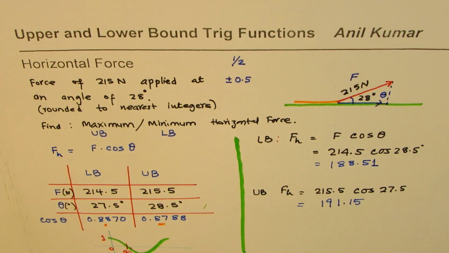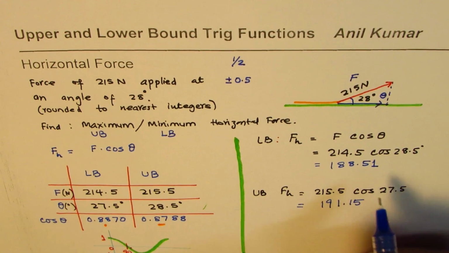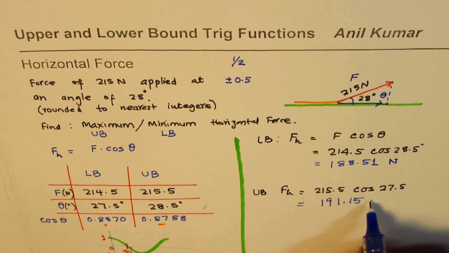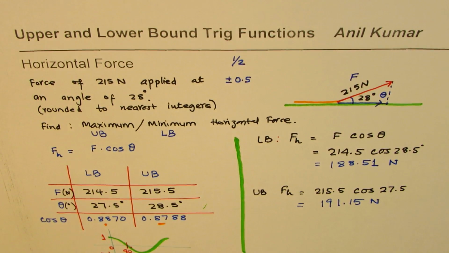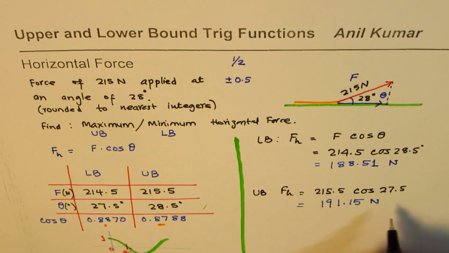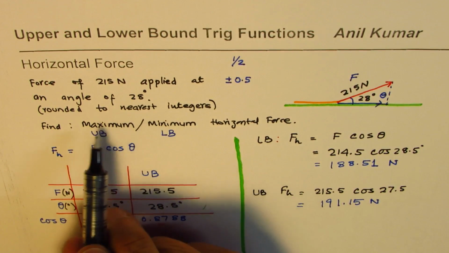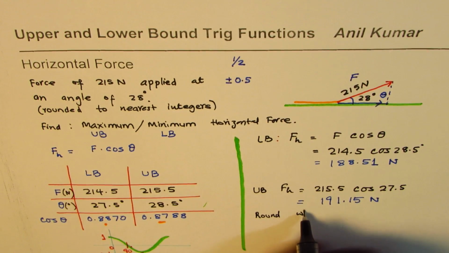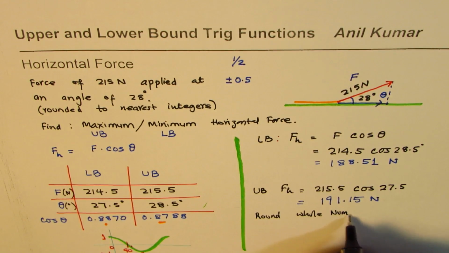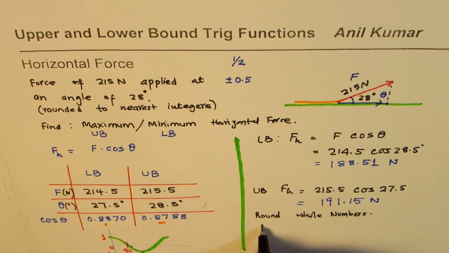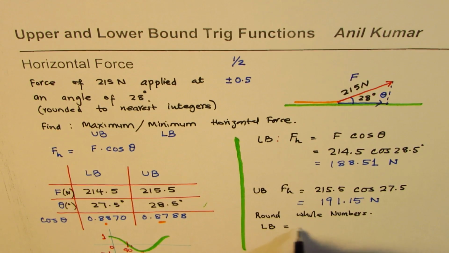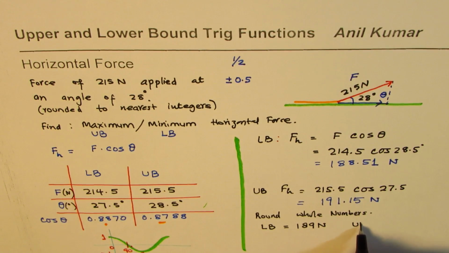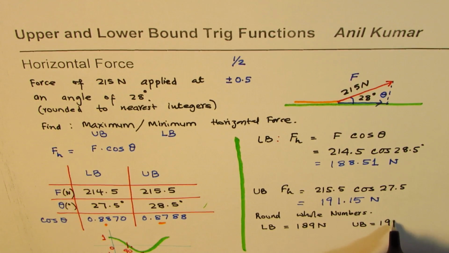So that's the range which you can get. The units, of course, are newtons, right? That is what we've written to 2 decimal places. In case you need to write answers rounded to the nearest integer, or whole numbers, then the lower bound is equal to 189 newtons and the upper bound is equal to 191 newtons.